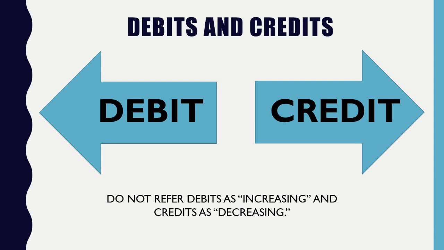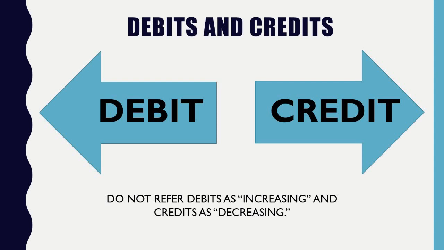So yeah, while that sounds so confusing, you need to understand a debit can be either decreasing or increasing. You just have to look at what specific account type you are dealing with, because a debit could mean either. Same thing with a credit.